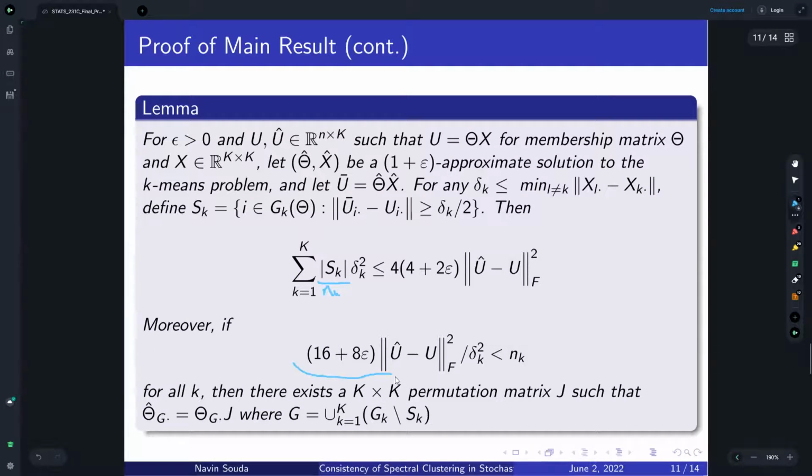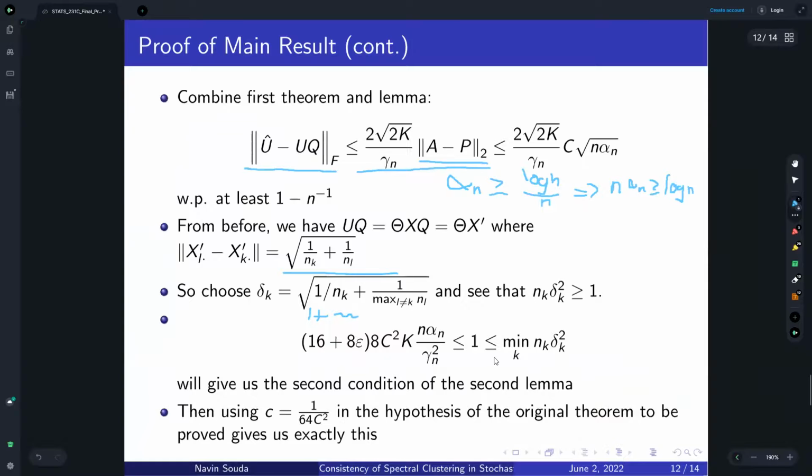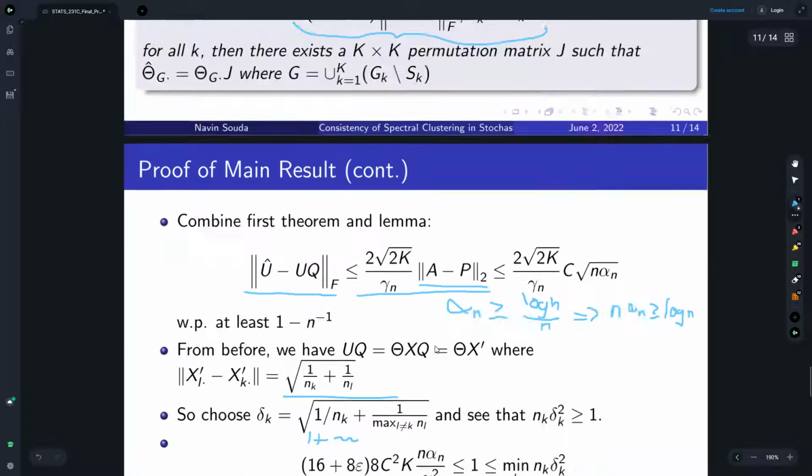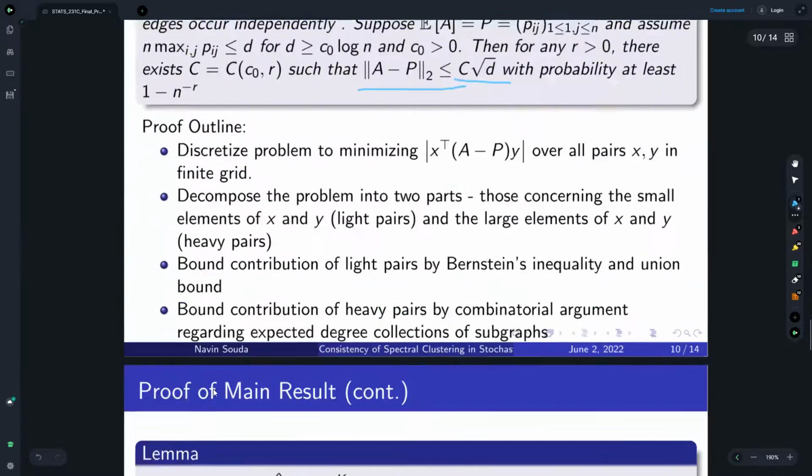So now, since we have that this is the case, in order to use this lemma, we want this to be true. In particular, if we can choose some C such that 16 plus 8 epsilon times 8 capital C squared k and so on is less than or equal to 1, then we can use this and our statement will be true.